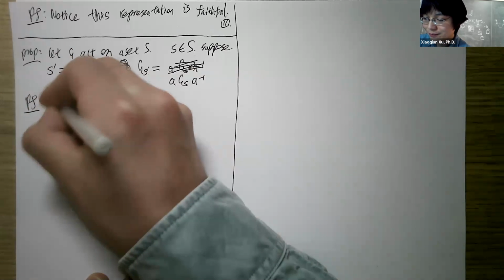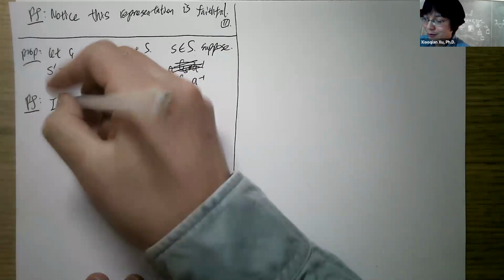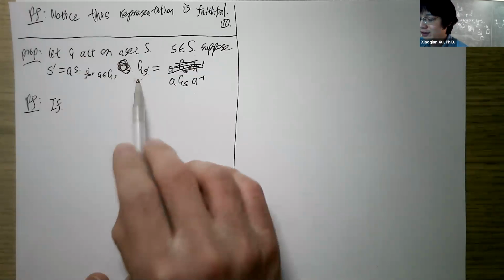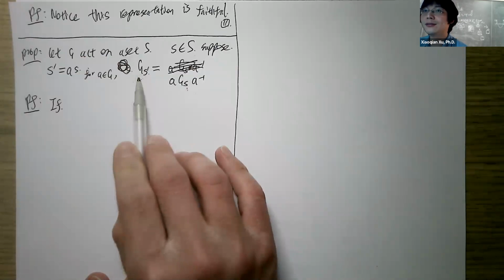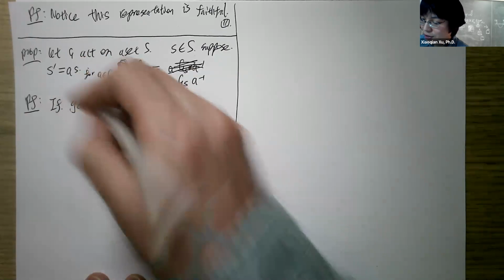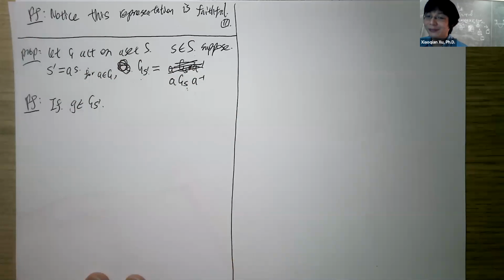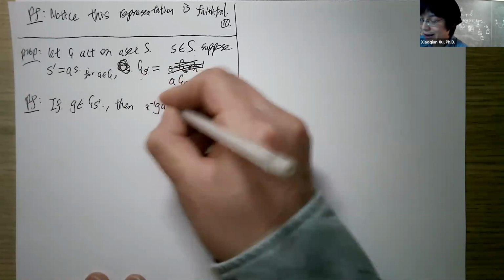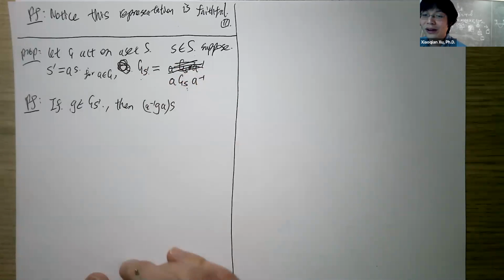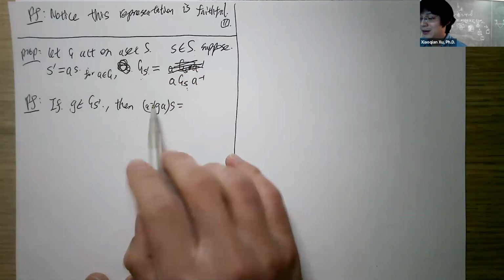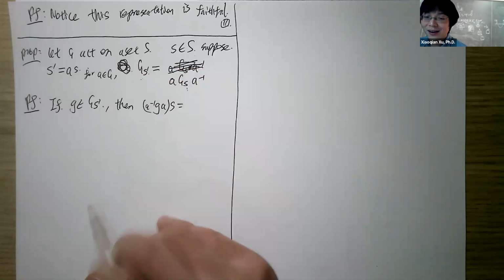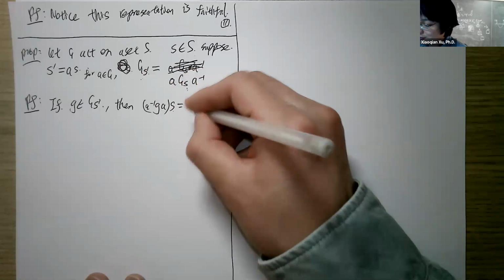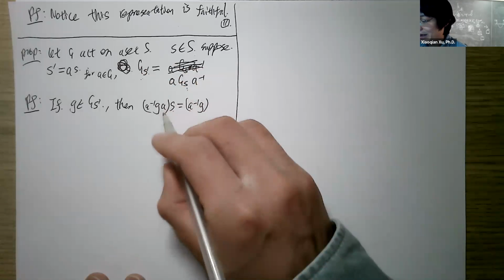Let me prove it. You want to show these two are the same, so you want to show each is a subset of the other. Let g be in the left-hand side, then a inverse g a acting on s.